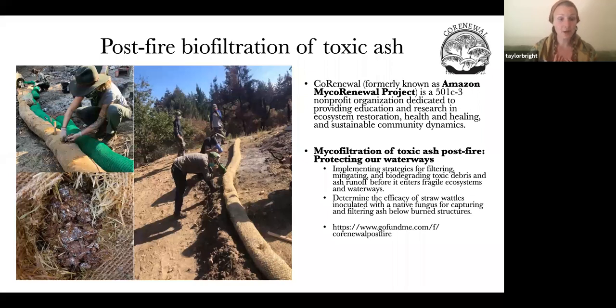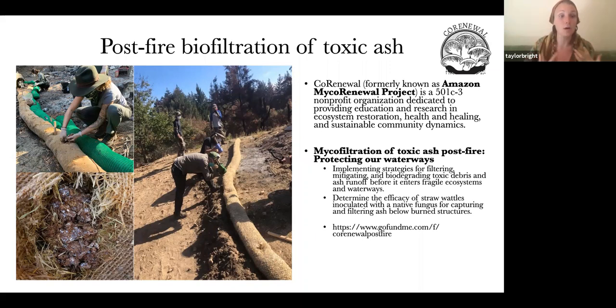So what we're doing at CoRenewal is going to these burn sites and laying down these straw wattles that you might have seen before on the sides of roads. They're usually an erosion control measure, but we're laying down these straw wattles all along the sides of these burned houses, and we're inoculating these wattles with fungus so that when the rain comes and all this toxic runoff comes off of these houses, it'll hit the wattle, and the fungus inside can actually help remediate some of those toxins.